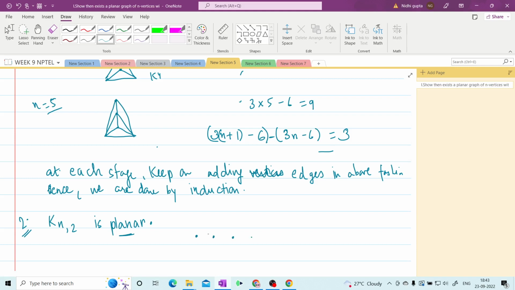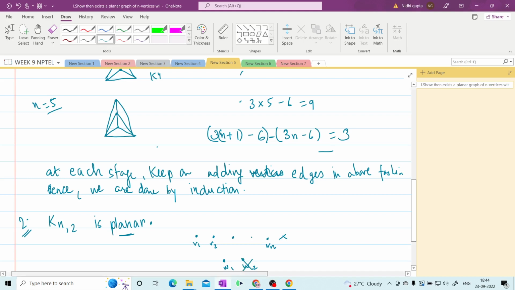If you have these n vertices, first you make an independent set with n vertices, and now the second set has to have two vertices. If I make my 2 vertices like this, there is no way I can avoid this self intersection, right?